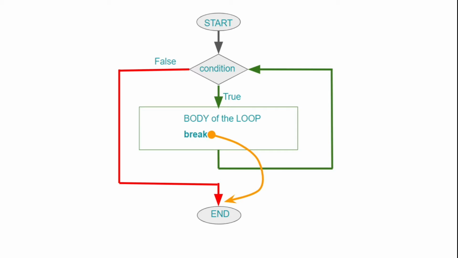I'll talk about that exceptional case in some other video, but for the time being, forget about it. What you need to remember is that whenever you are writing a break statement, you must enclose it inside a loop, or in other words, you can write break only inside the body of a loop.